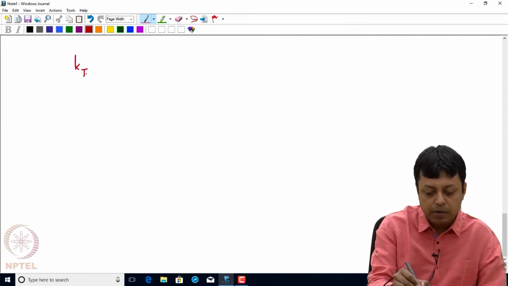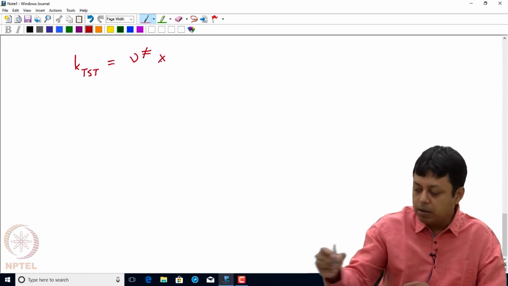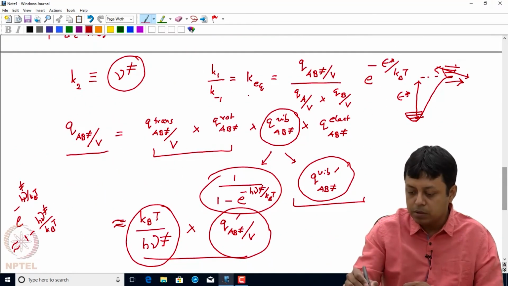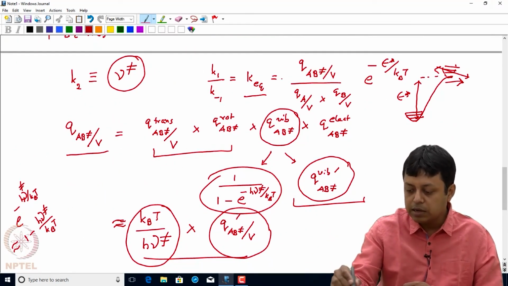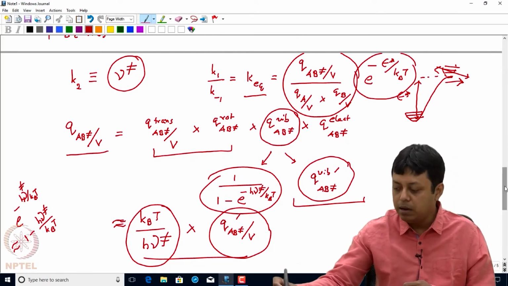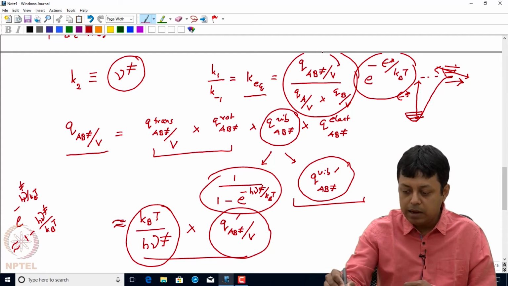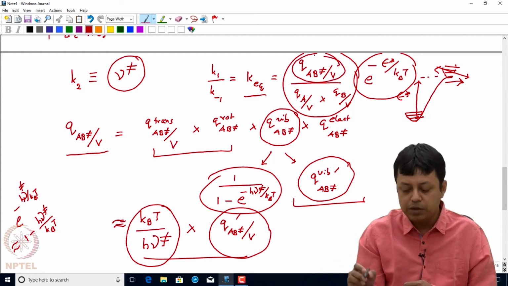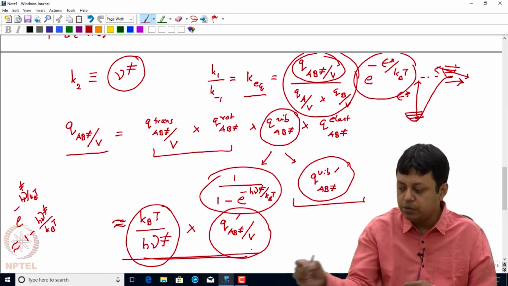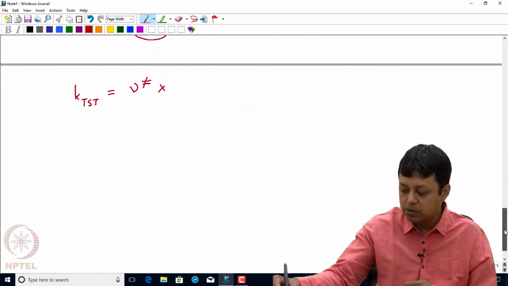So what we get from the transition state theory is that k2 is nothing but nu dagger, times k1 by k minus 1, but k1 by k minus 1 was connected to the equilibrium constant, which is connected to this combination of partition functions times this exponential part, and among this I replaced q AB dagger by V with this expression, kBT by h nu. Let us put all these things together.